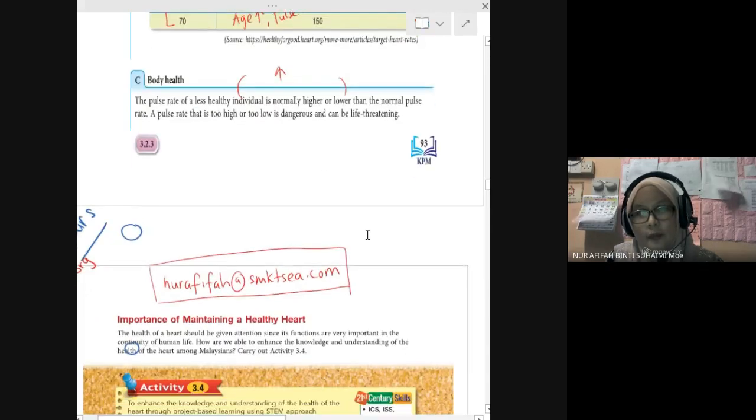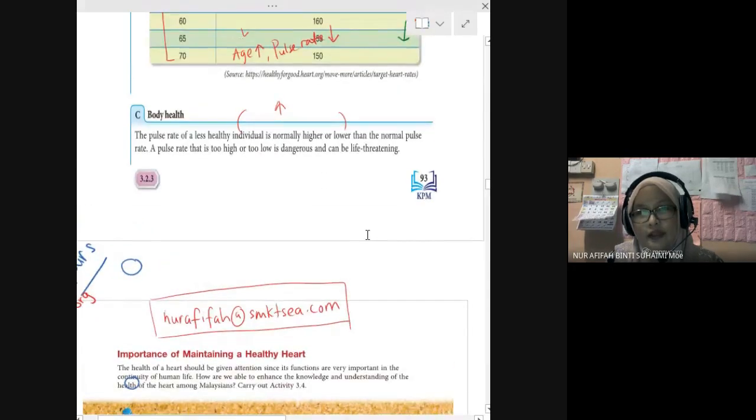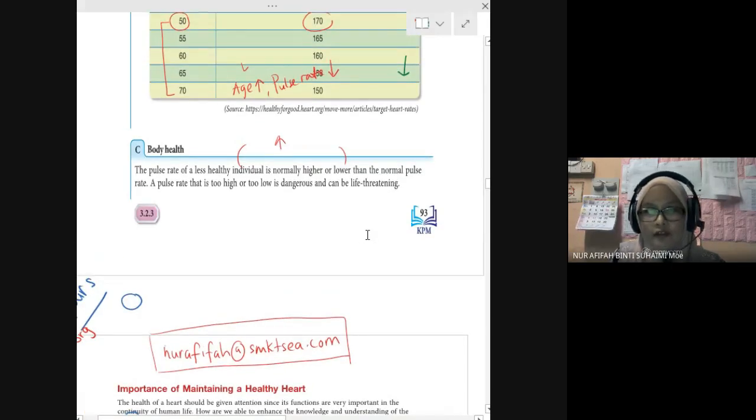Next, the fourth and last factor is body health. The pulse rate of a less healthy individual, meaning a sick person, is normally higher or lower than the normal pulse rate. It can be higher or lower. For the sick person, you must go for a medical checkup to know whether it is higher or lower.